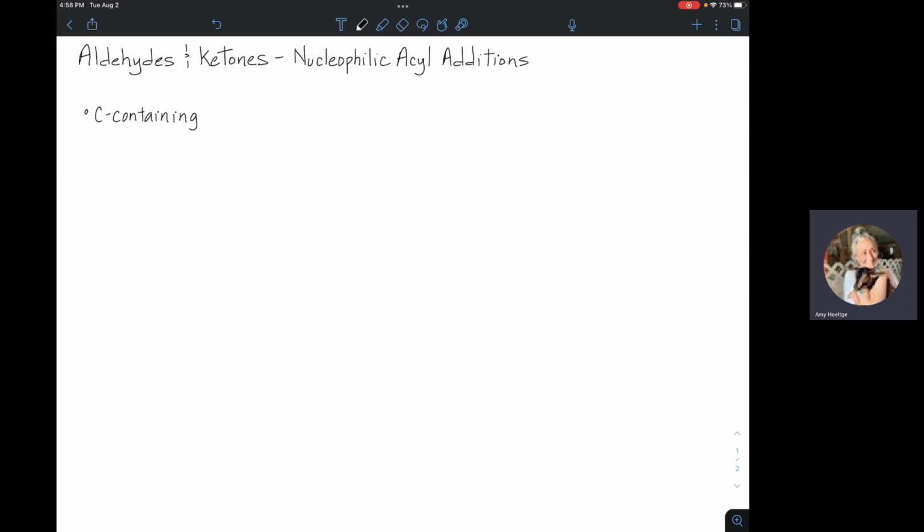But they act just like any other time they would be a nucleophile, right? They're going to have a source of electrons that are going to be used to attack an electrophilic atom on another molecule, and that will be the carbonyl carbon of the aldehyde or the ketone.